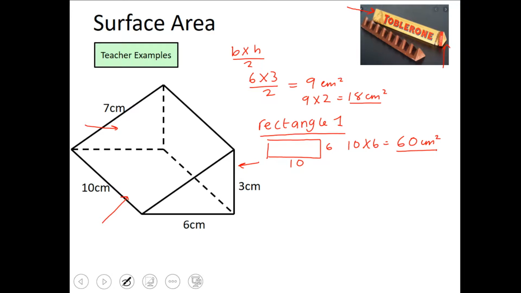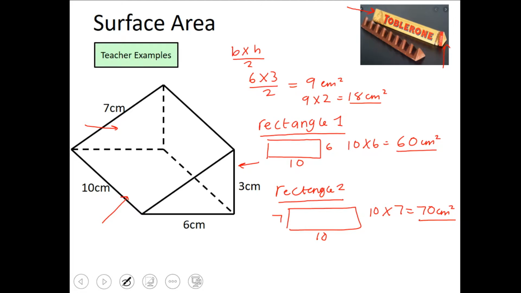So now we can work out the front rectangle, the rectangle at the front of the shape. So that is rectangle 2. And rectangle 2 is 10 centimeters by 7 centimeters, which gives you 10 times 7, and it's 70 centimeters squared.